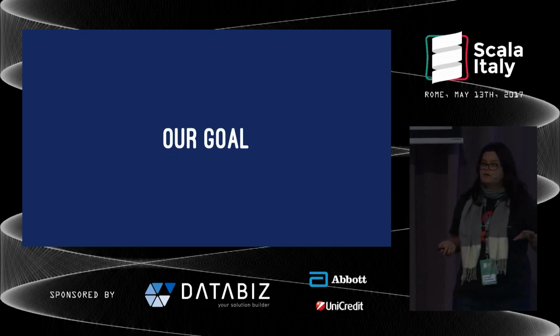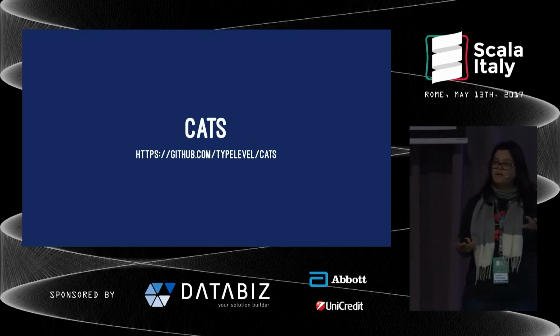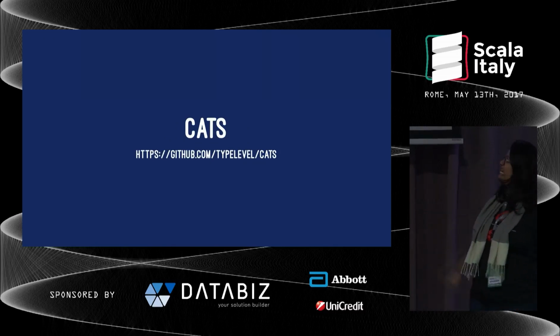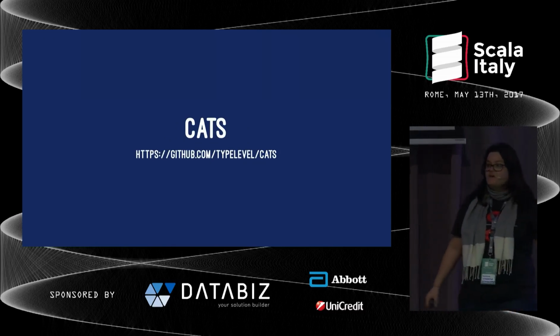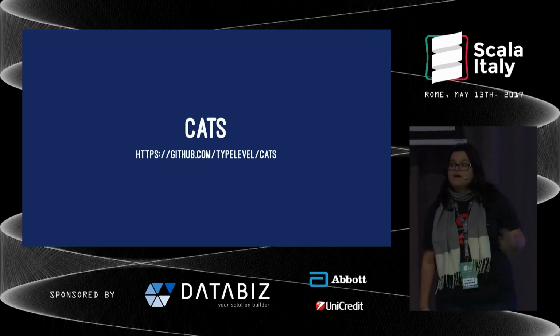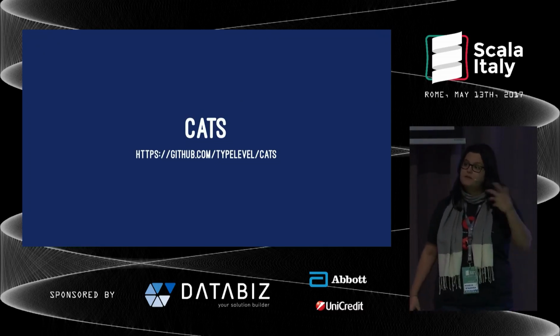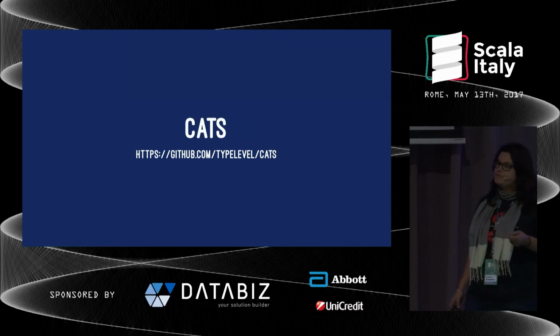In particular, we will make a link to cats. Thank you, Miles, for cats. There is a fairly popular library in Scala that maps a lot of category theory concepts into our code.